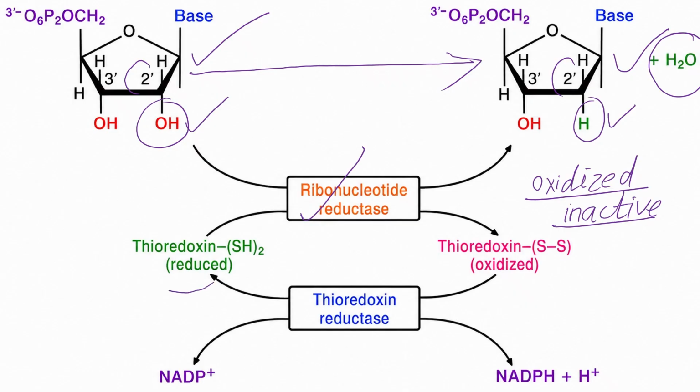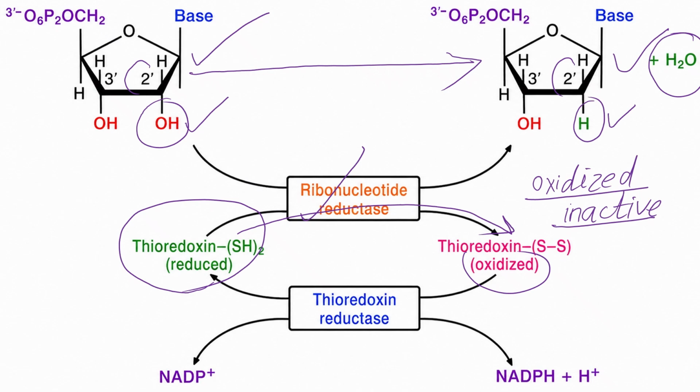Here is the step where thioredoxin comes into play. It provides its hydrogen to ribonucleotide reductase, and this thioredoxin is also converted into thioredoxin in an oxidized state. It means it will be inactive, so it also should be activated so that it may continually supply the hydrogen atom to ribonucleotide reductase.